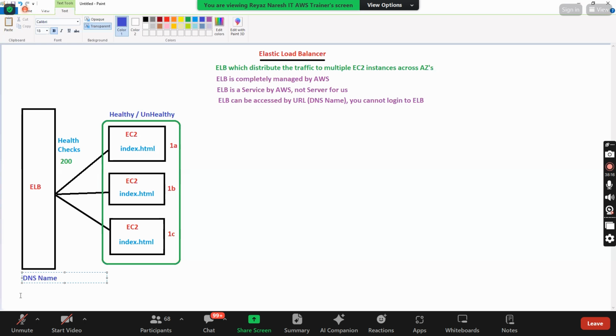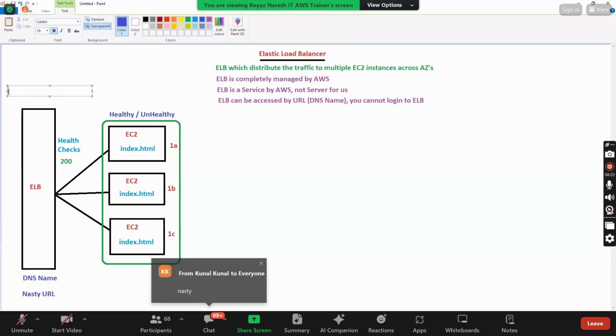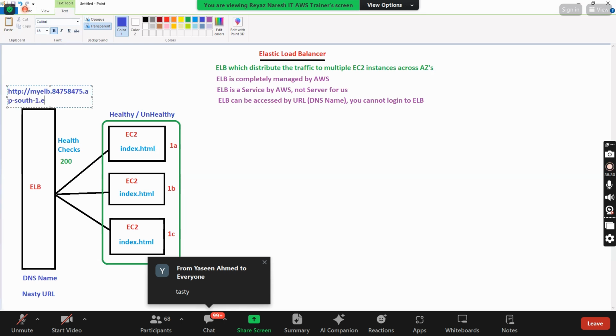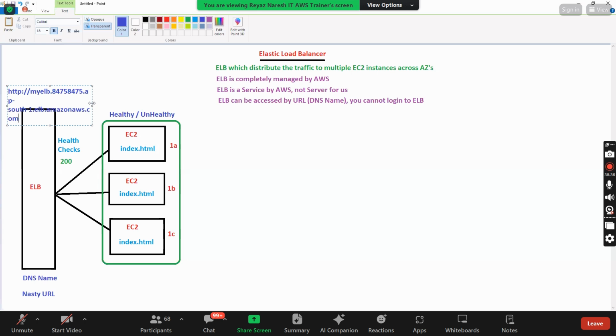Whenever you create a load balancer, I told you, it will give a DNS name, correct? Is that a nice URL or a nasty URL? Nasty URL. It looks like http:// some random number dot ap-south-1 dot elb dot amazonaws.com. Is it recommended to give this URL to a customer? No. What will you do?